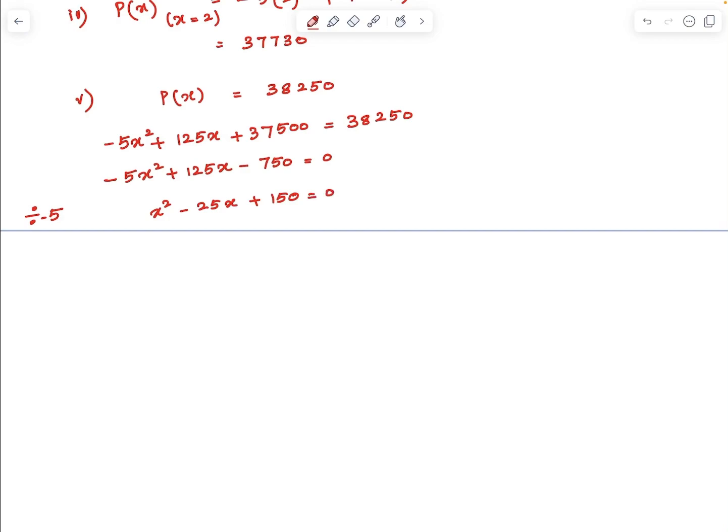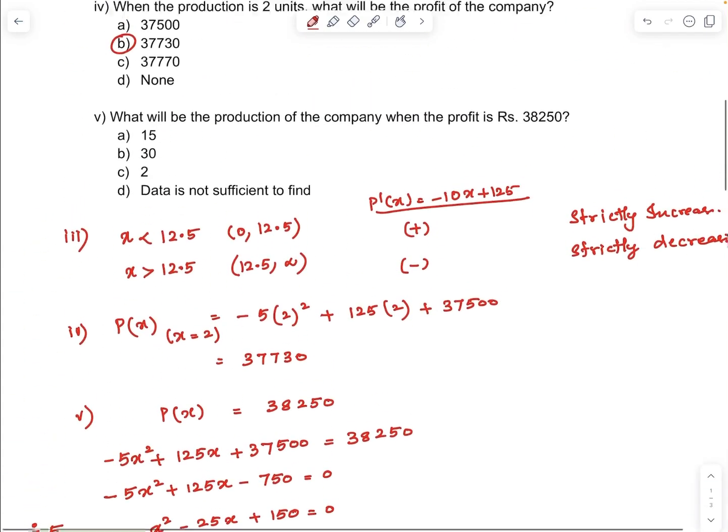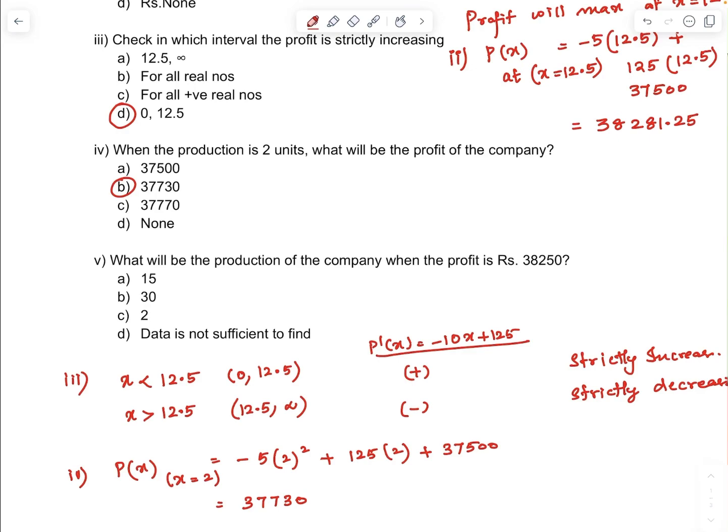On further factorizing this expression, we get x minus 10 into x minus 15 is equal to 0. That is, x can take 10 and 15. But in the given option set, we have only 15. So the answer is option E.